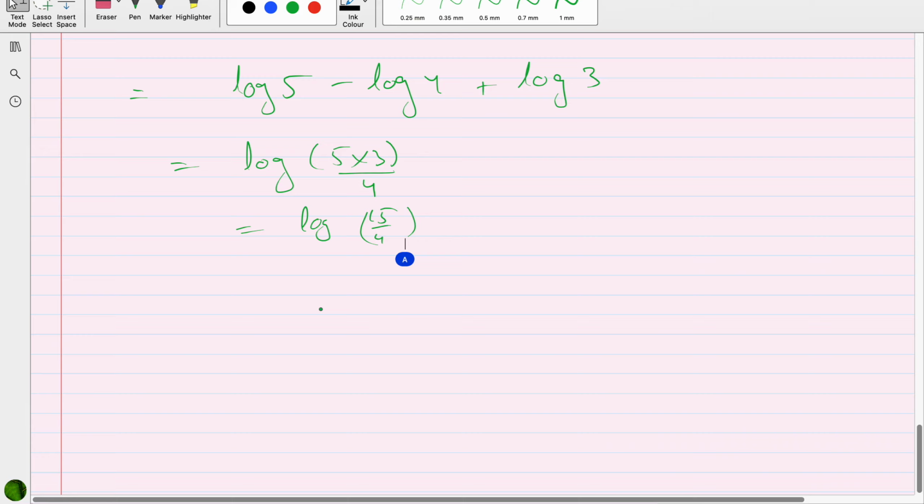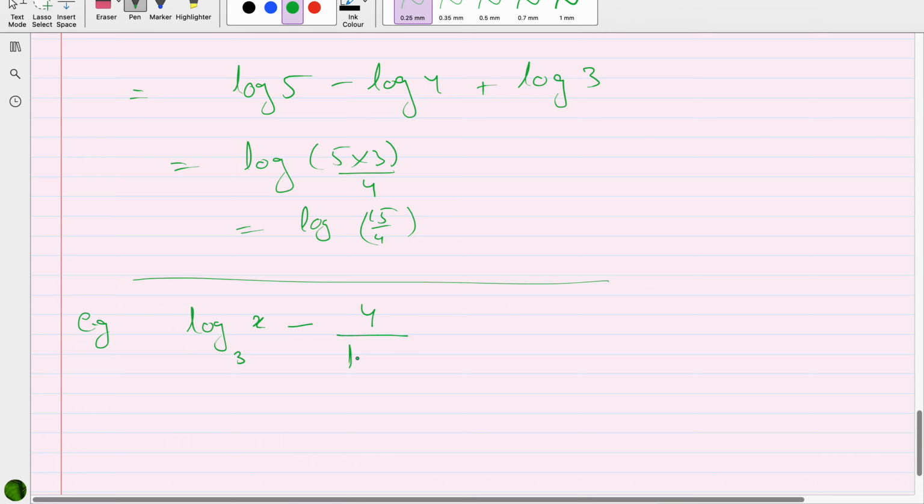So let's do a practice question applying the rules of log. For example, we have a question: log of x to base 3 minus 4, divided by log of x to base 3 plus 3.